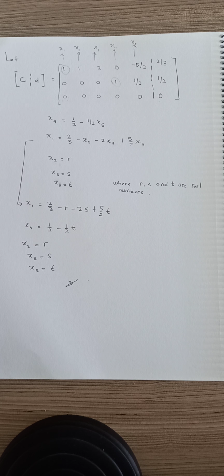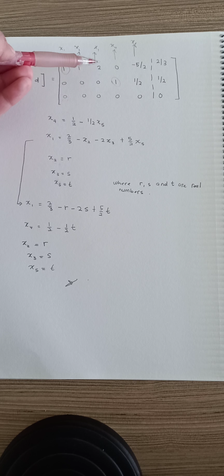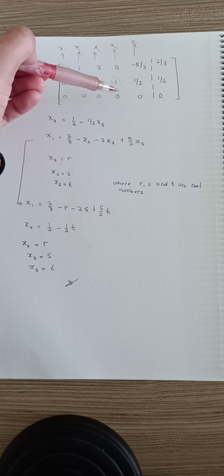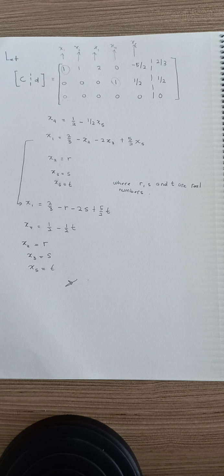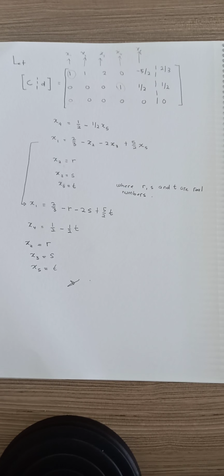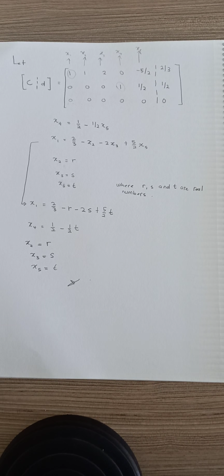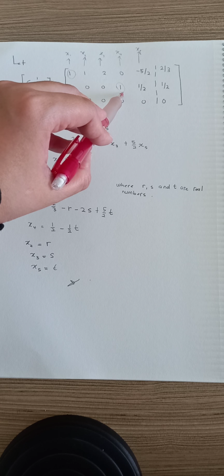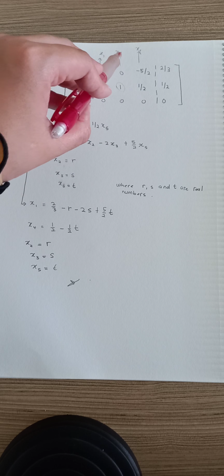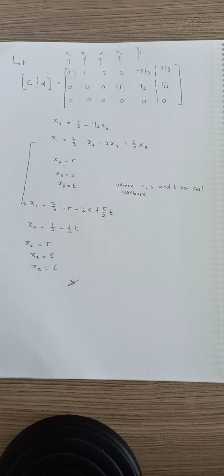As I have taught you before, the first column must be x1, the second column x2, the third column x3, the fourth column x4, and the fifth column x5. So the only leading ones are x1 and x4. The others, x2, x3, x5, have no leading one.